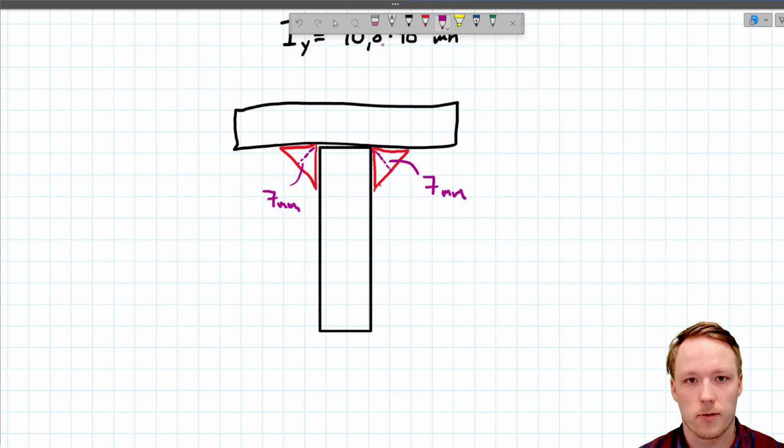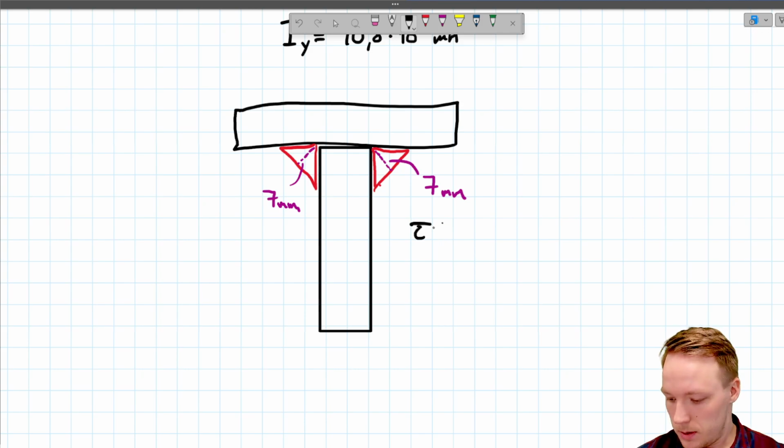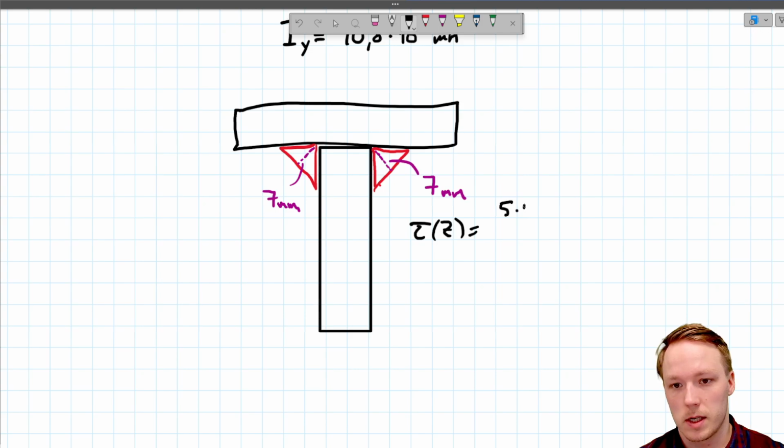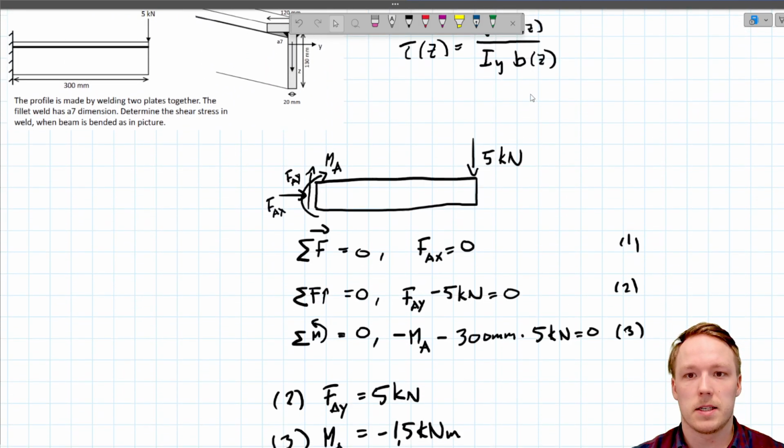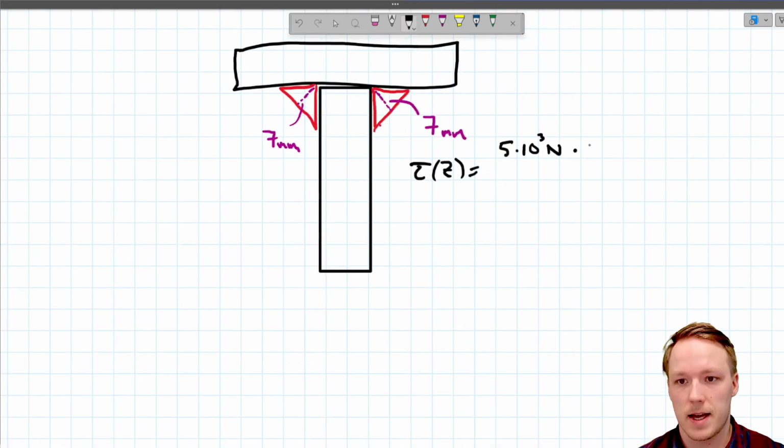So now using the formula for shear stress tau z, we can calculate that tau at this location. At that location the tau z will be the shear force, 5 times 10 to power 3 newtons, multiplied by S Z, which is basically the area that is going to shear off.